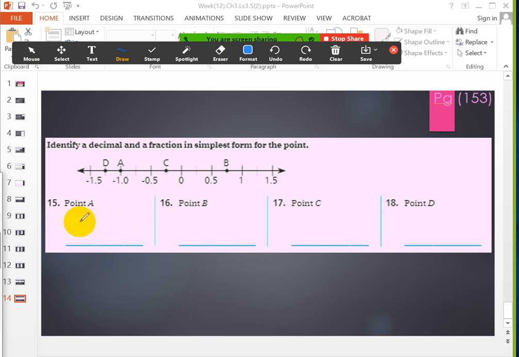So the number on this point is negative 1.0, or I can write it as negative 1 only, without any decimal point, because the value of the decimal part is 0. Jenna, also, what's the number on point B?